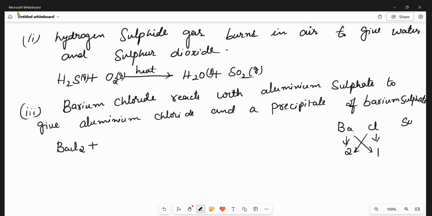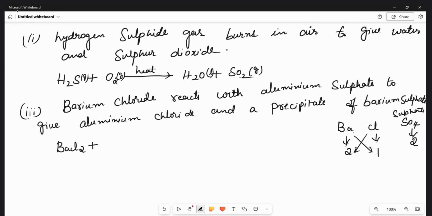Sulfate as a group is SO4. Always remember, wherever sulfate is there, SO4 is the group, and its valency is 2.